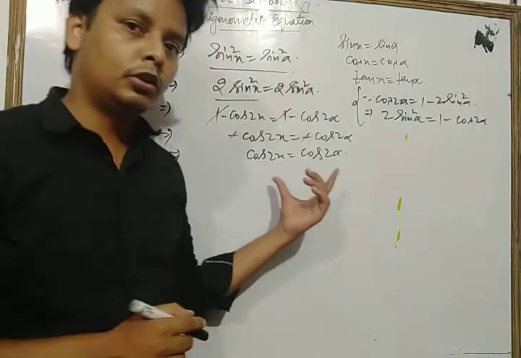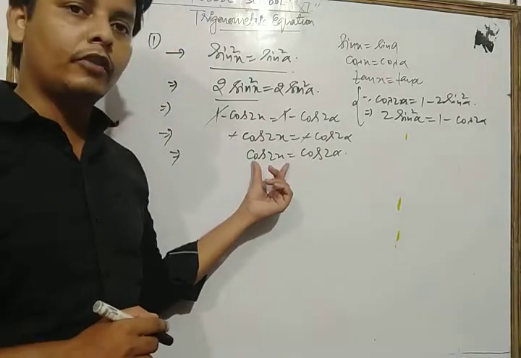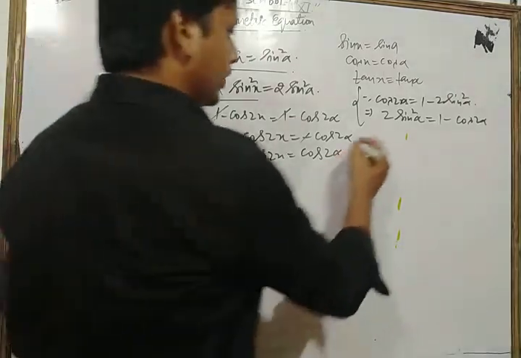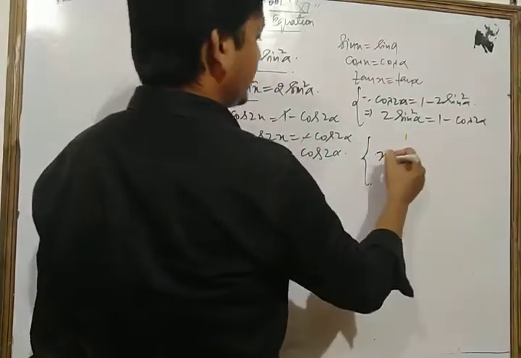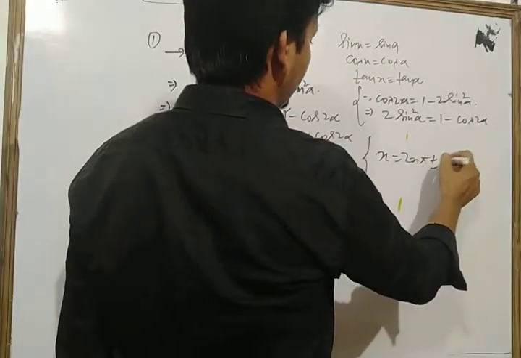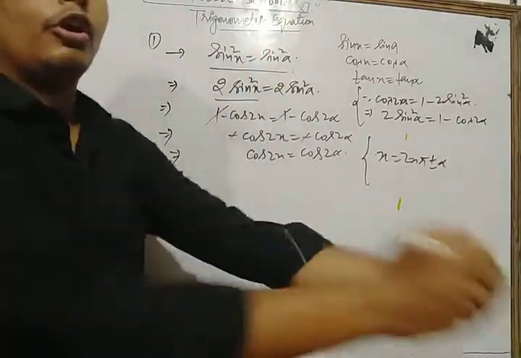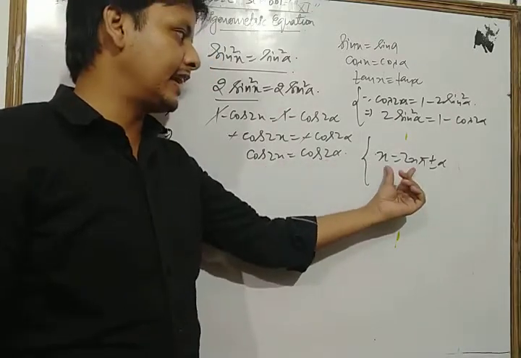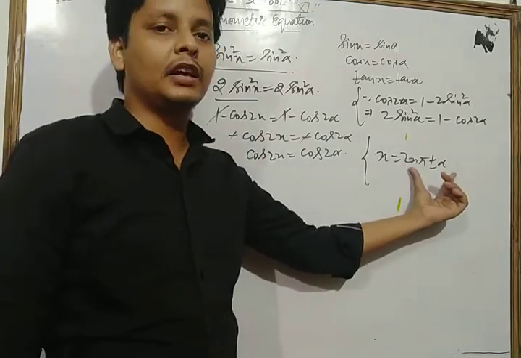Now what do we do? This is of the form cos x = cos alpha, and we know that the general solution is x = 2n pi plus or minus alpha.